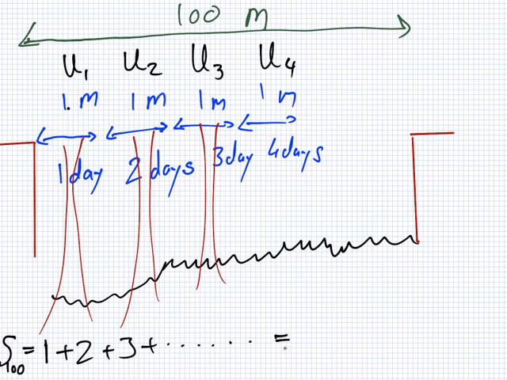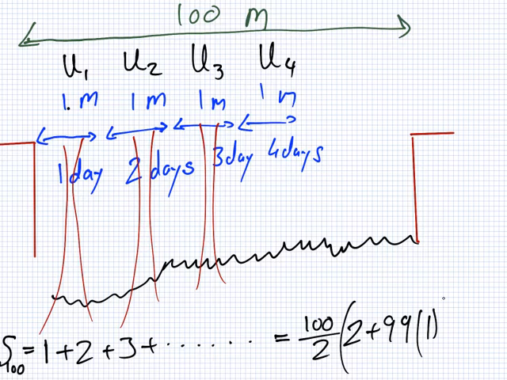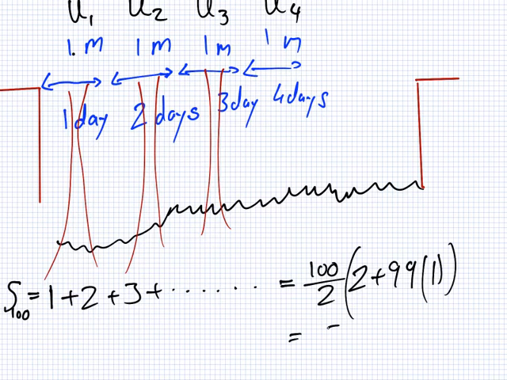So now this is just a problem with the formula for Sn, which you know, it's n over 2 times 2a plus n minus 1 times d. What's the a here? 1, and d is 1 also. So this is 5,050 days then. Yeah, that's not realistic at all.